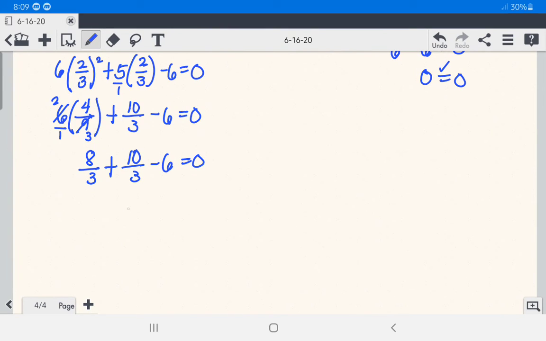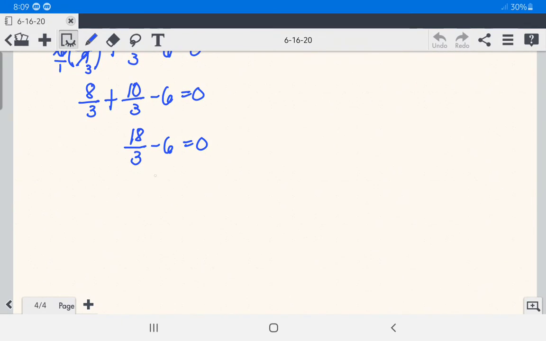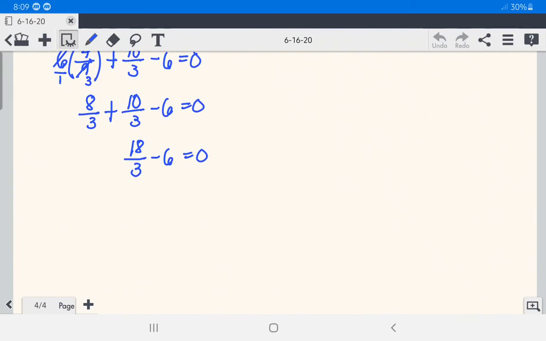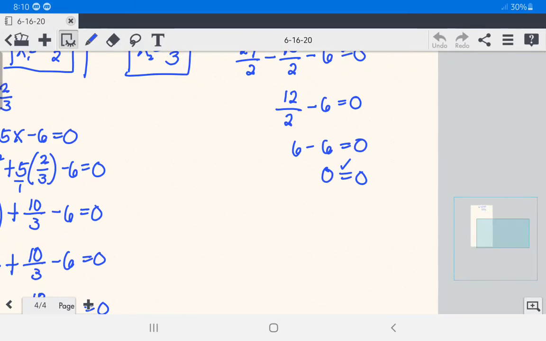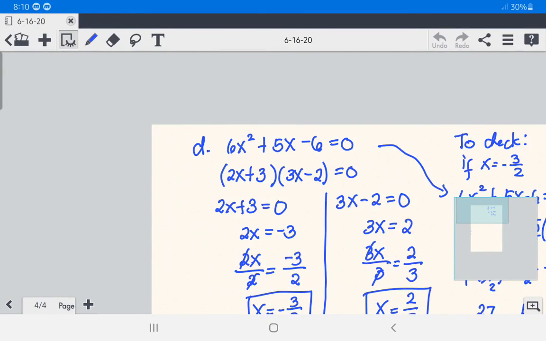Then 8 plus 10, that is 18, over 3 minus 6 is equal to 0. Then 18 divided by 3, that is 6. Then minus 6 is equal to 0. So 6 minus 6, we have 0 equals to 0. As you can see, both values of x satisfy the given equation.